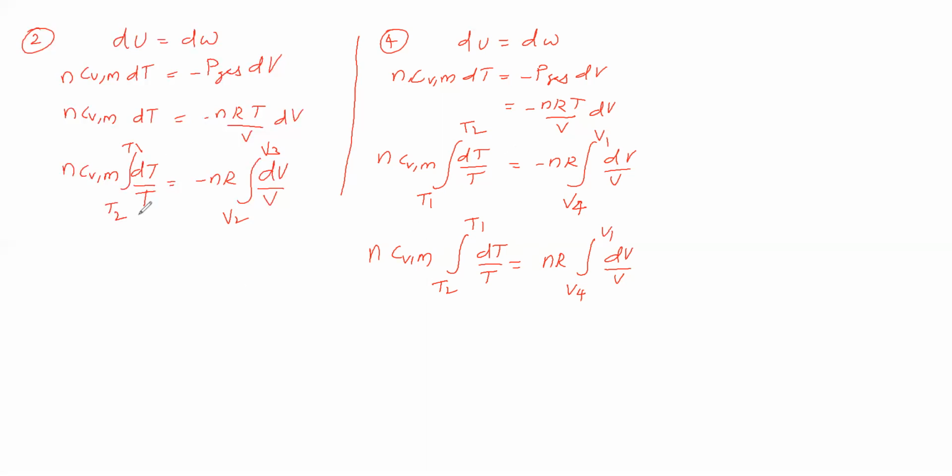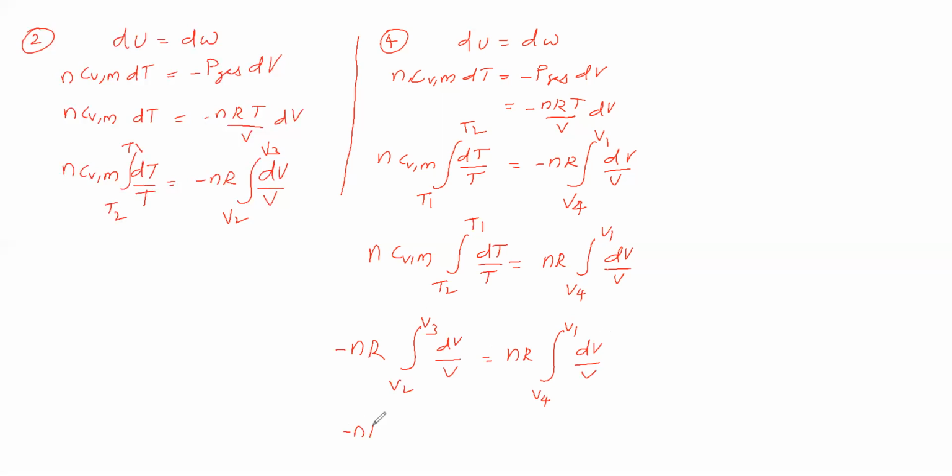Now substitute this here. So minus nR integration V2 to V3 dV by V is equal to nR integration V4 to V1 dV by V. Okay, now we will integrate it.